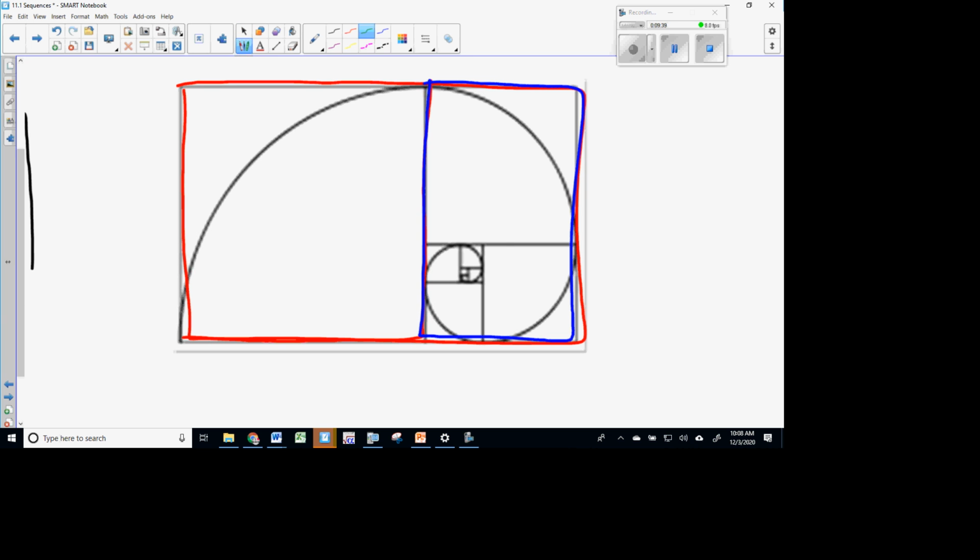Then you take a square off of that, and you're left with a new golden rectangle. Take a square off of that, and you just keep repeating that over and over, smaller and smaller. You start back here and go through all of the squares you made, and you get that spiral, which is the exact same shape as the spiral in a nautilus or a snail shell.